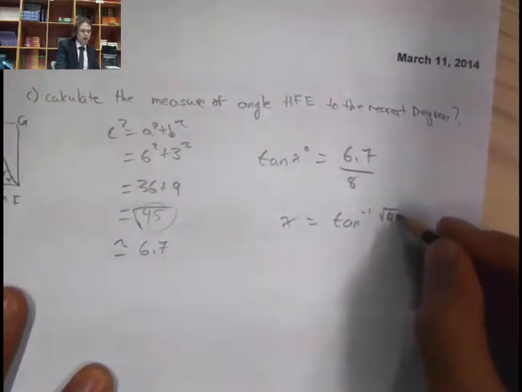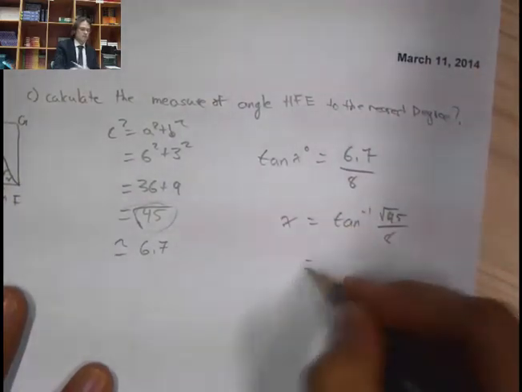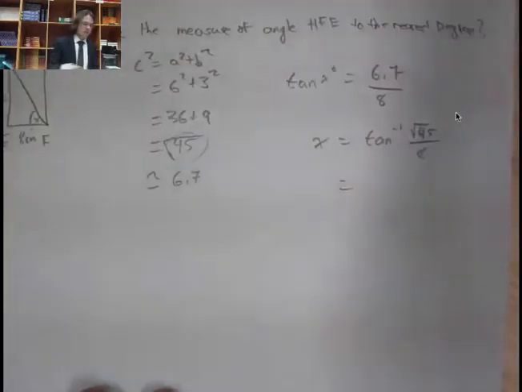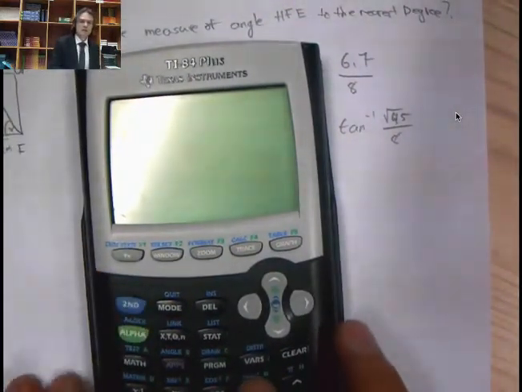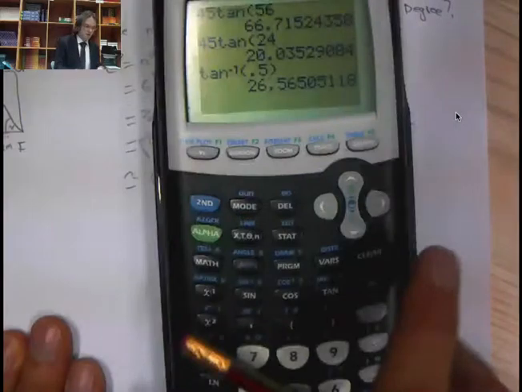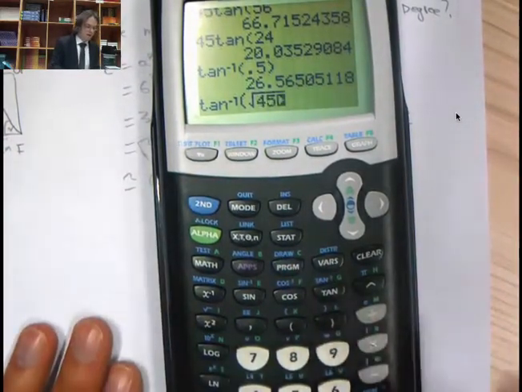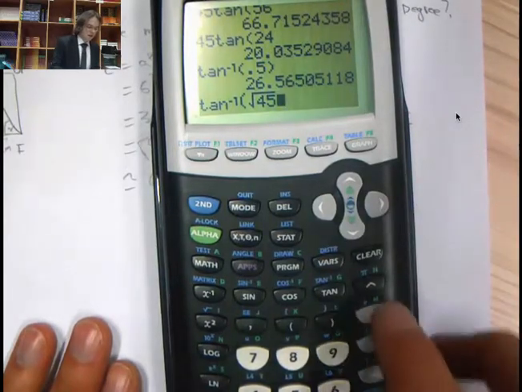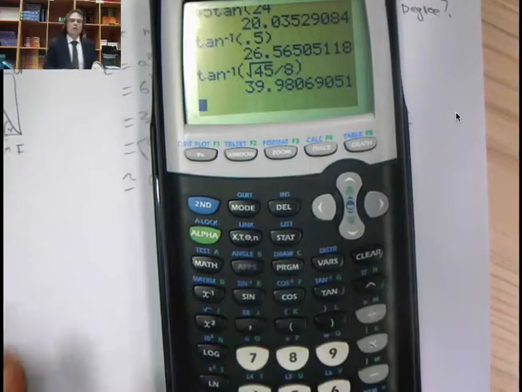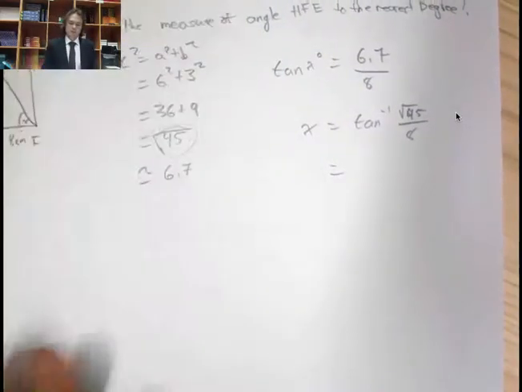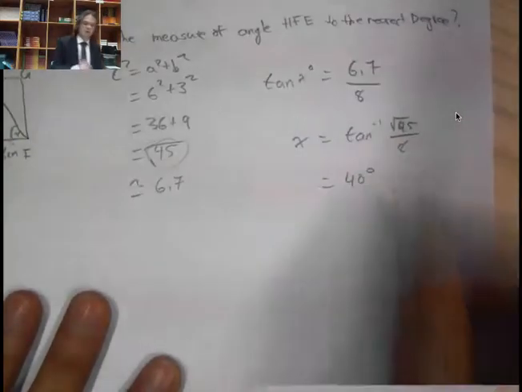Just to keep a more accurate answer, all over 8. Okay? So I'm going to plug that into my calculator. I put in second tan, and I want the square root of 45, and then I want to divide that by 8, and I put it in brackets, and I end up getting 39 or 40 degrees. Okay? So we get 40 degrees as my answer.